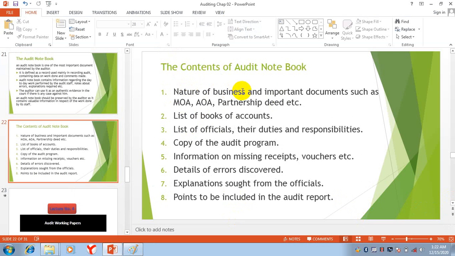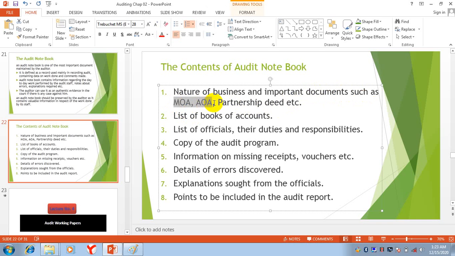We are keeping information about the nature of business, important documents of the company such as the memorandum of association, articles of association, and if it is a partnership business, the partnership deed, etc. These two documents are important in joint stock companies.